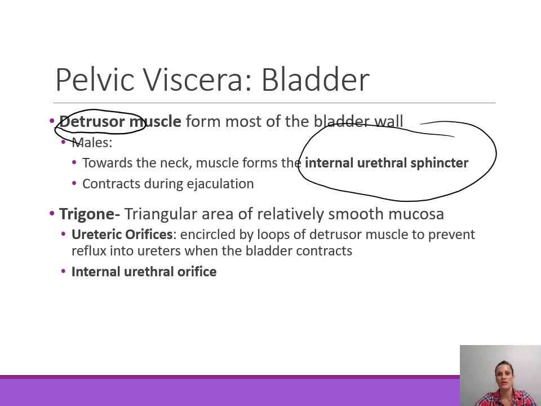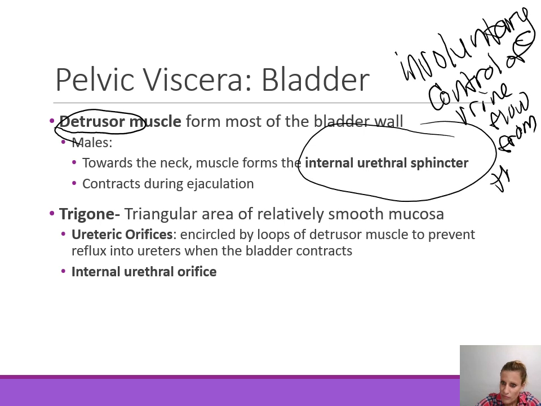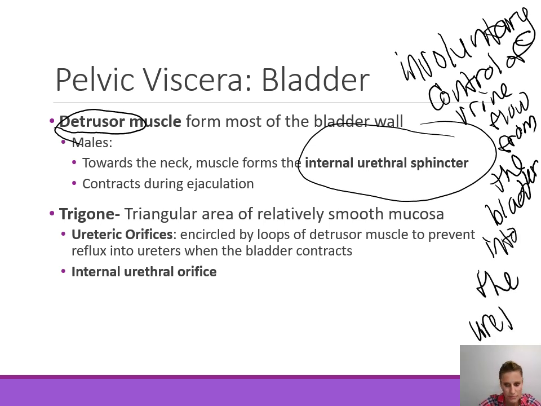In males and females both, the internal urethral sphincter provides involuntary control of urine flow from the bladder into the urethra.